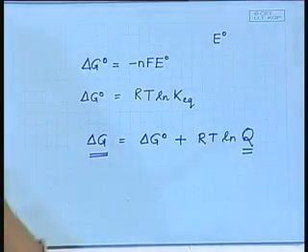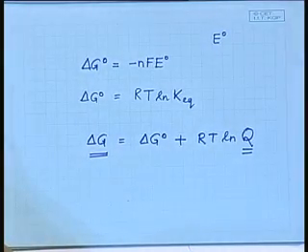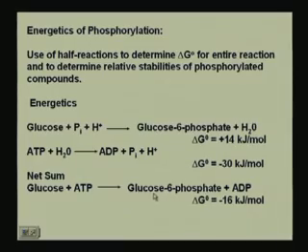Now, if we look at this first reaction that we have here, the glucose 6-phosphate concentration is low. What is the Q going to be in this case? It is going to be glucose 6-phosphate times ADP divided by glucose times ATP concentrations. Now, if you have a high concentration of products, that could more than compensate the negative delta G0 value you have here and make the overall delta G of the reaction positive.